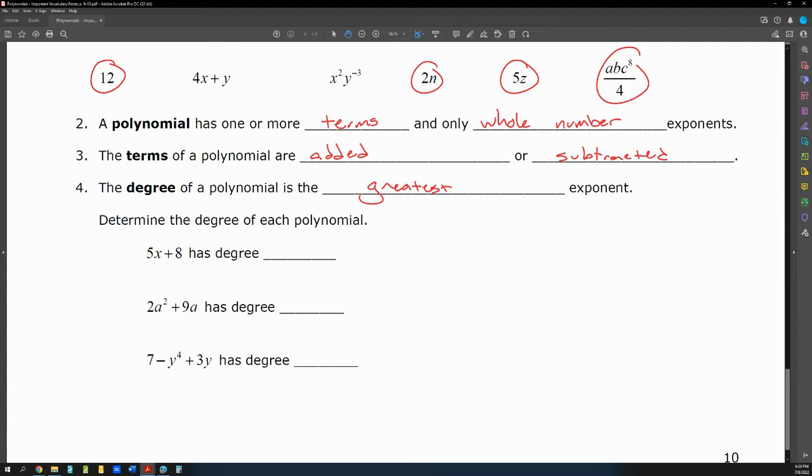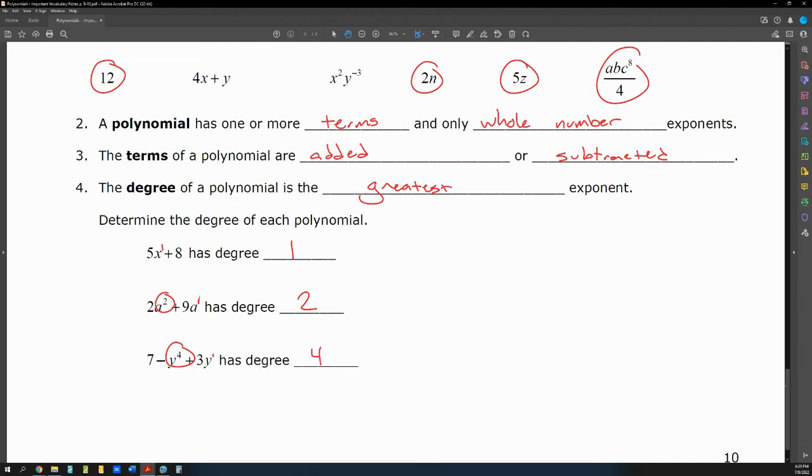So let's find the degree. 5x plus 8, well, the exponent here is 1, and that's our greatest exponent. The exponent over here, well, there's nothing written over here, but I know that the greatest exponent is 2, so this has degree 2. Finally, let's go ahead and fill in that imaginary 1. Our greatest exponent in this expression is 4. So this has degree 4.